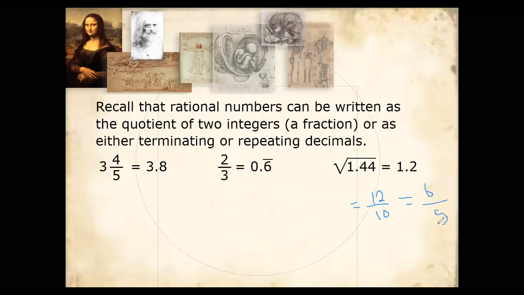If I want to write it in mixed form, because this is an improper fraction, it will be 1 and 1 over 5. Okay, then this is a terminating decimal, this is a repeating decimal, this is a terminating decimal, which means all the examples in front of us now belong to what? Belong to rational numbers. Okay, any questions so far?